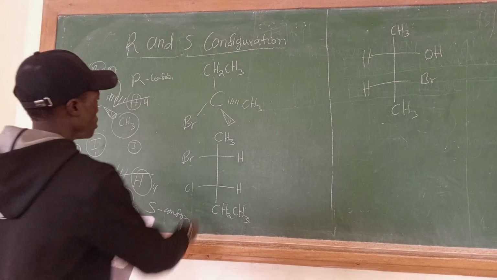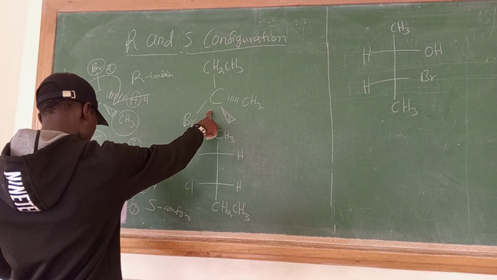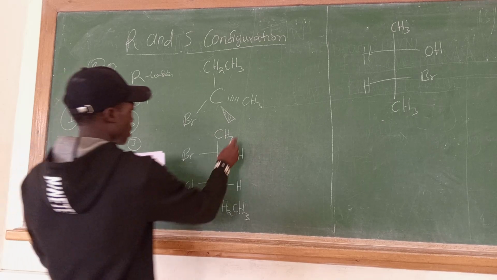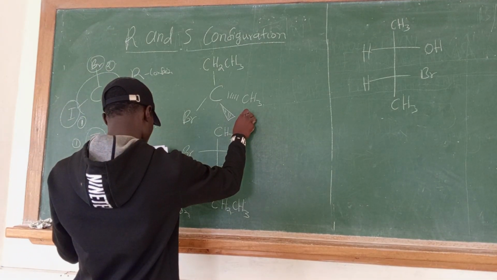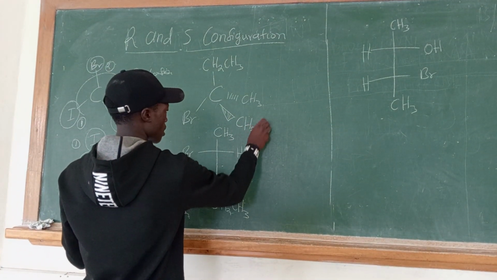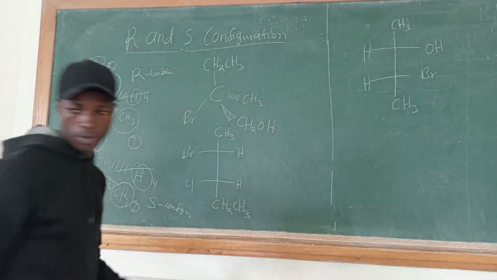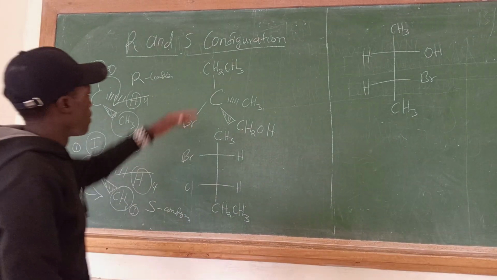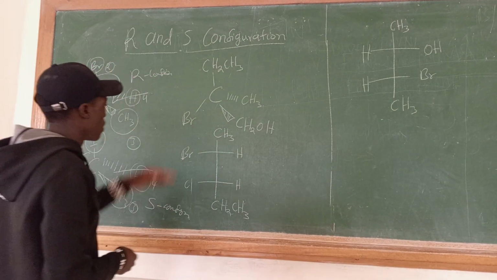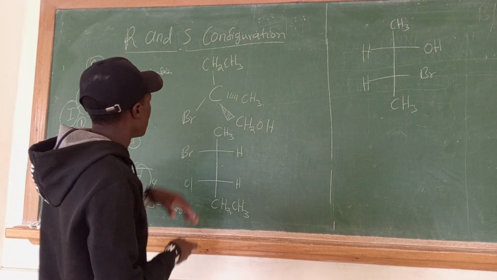Now we have this chiral center here. It's attached to this group. Now we have the ethyl group. We have bromine, methyl, and others.